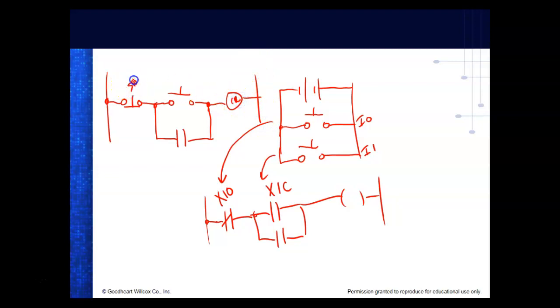So we're calling it stop. We're going to call this start. We're calling this CR, and I'm going to control that contact with CR. So this is a standard memory circuit. That's supposed to touch it there.